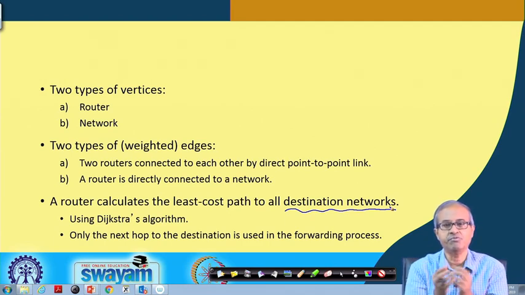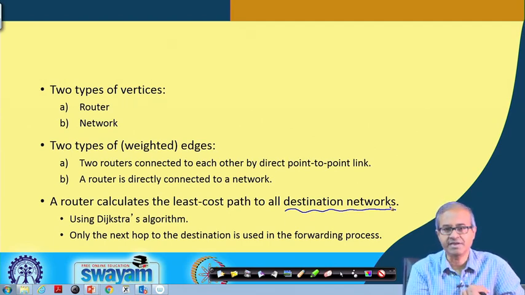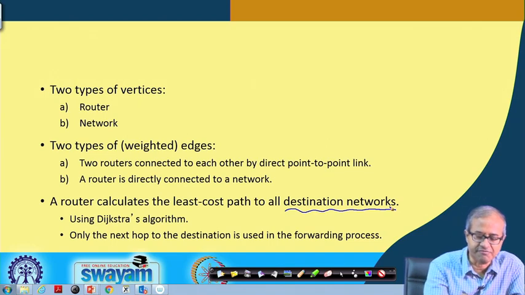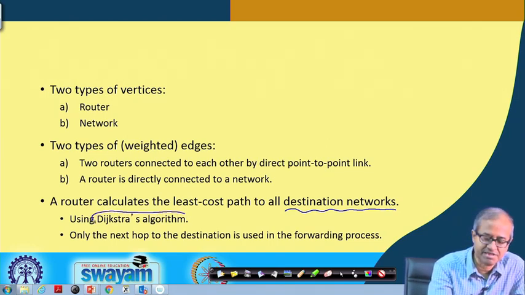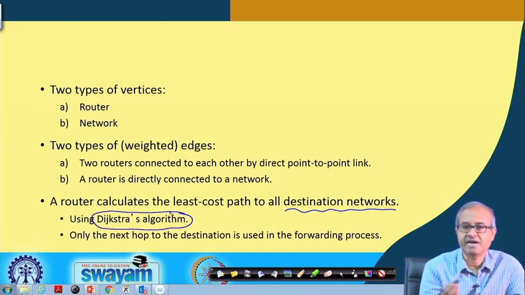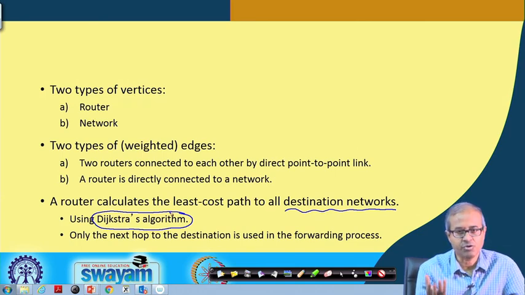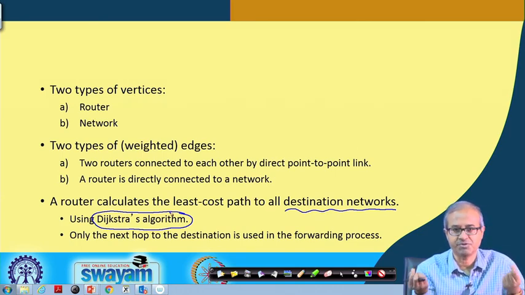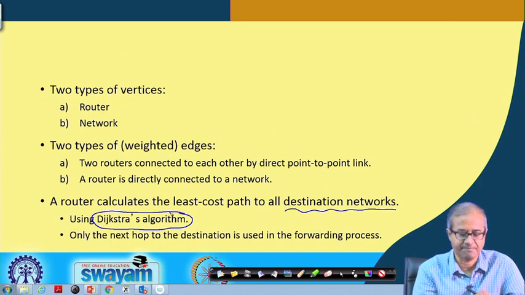It tries to compute the shortest path to all the networks, and it uses a very well known algorithm, Dijkstra's algorithm, which computes the shortest path between pairs of nodes in a graph.